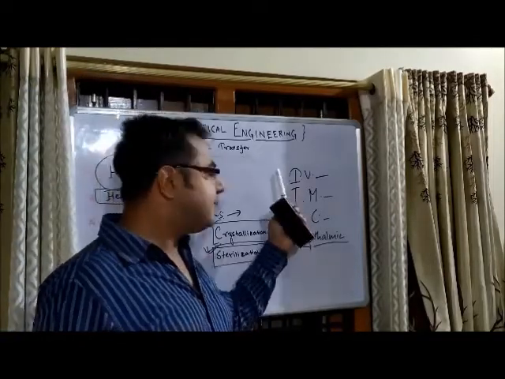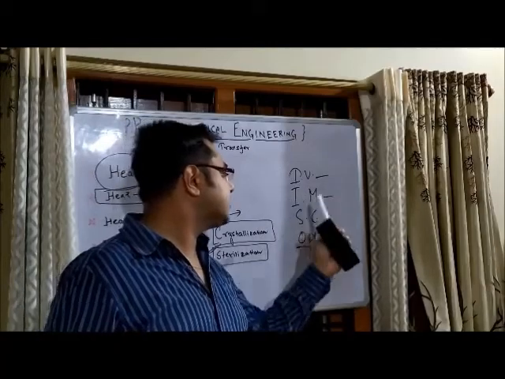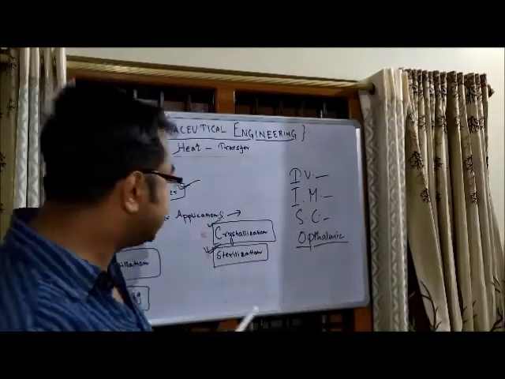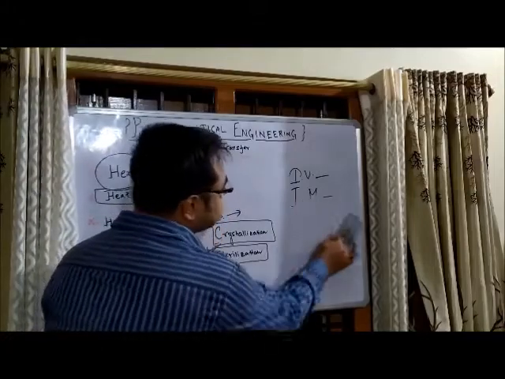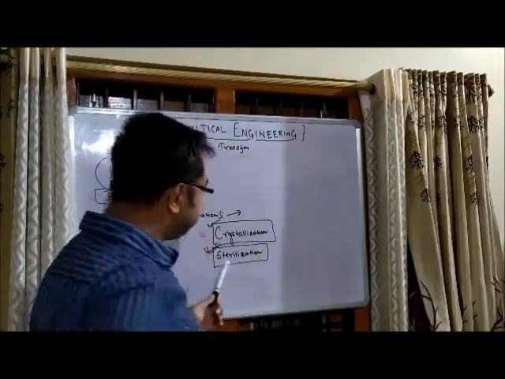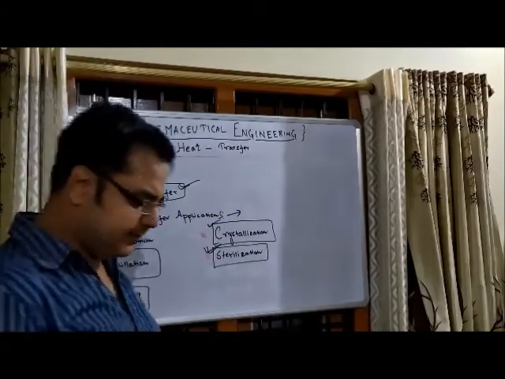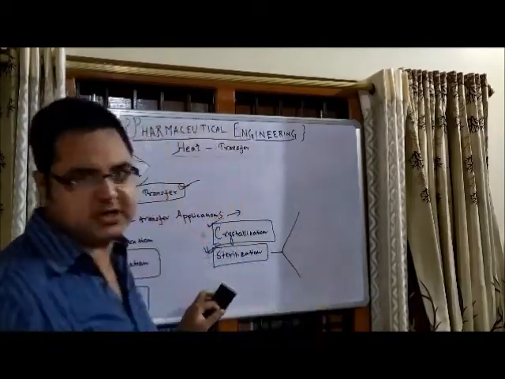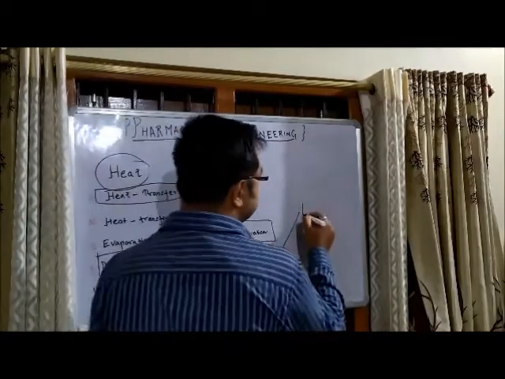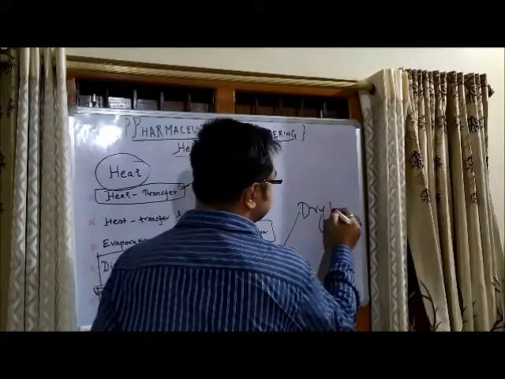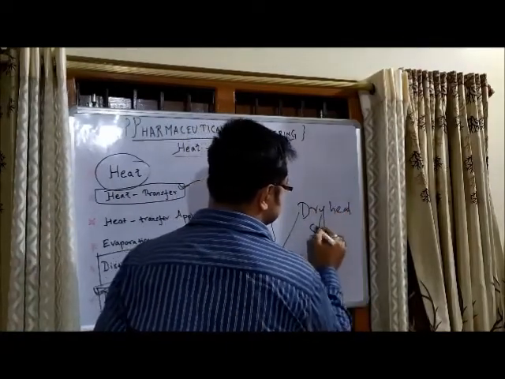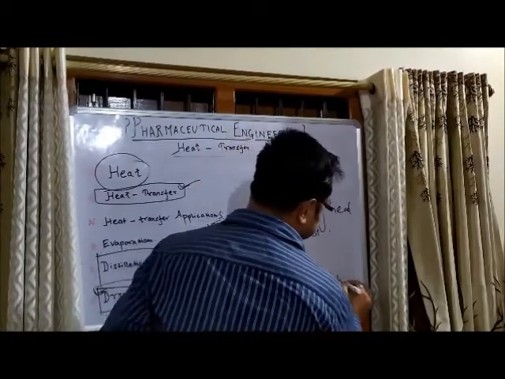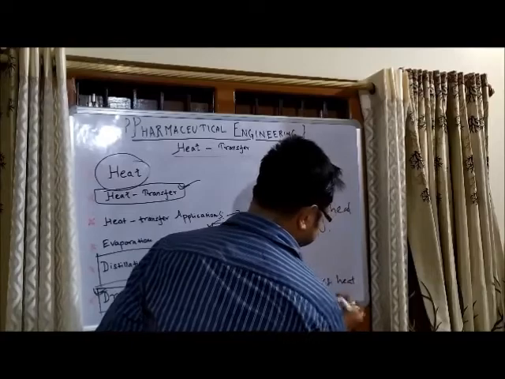So the intravenous, intramuscular, subcutaneous, ophthalmic and otic products all need to be sterilized, and in the process of sterilization we use heat. There are two methods of sterilization using heat: one is dry heat sterilization, another is moist heat sterilization.